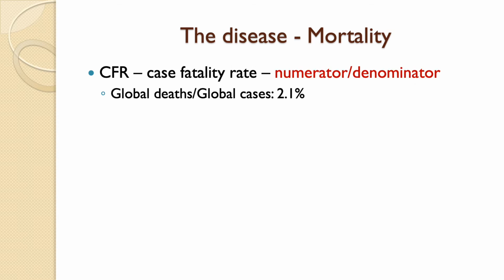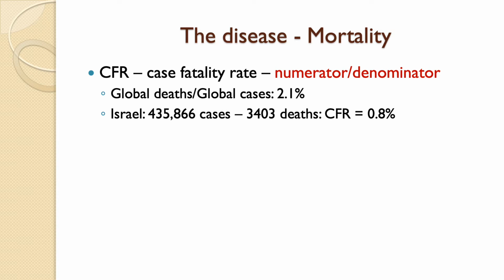If we just calculate the case fatality rate, based on what I indicated in my first presentation, global deaths divided by the global cases, we come to a case fatality rate of 2.1%. And this is very probably an overestimation of the case fatality rate.